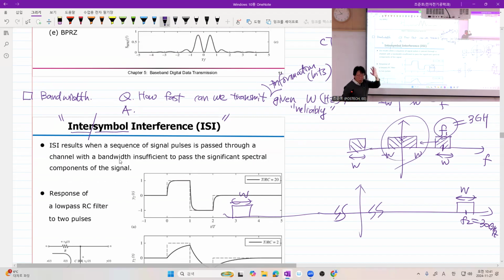If we recall our line encoder's output, which is written in this way, this a_k is the symbol, got it?